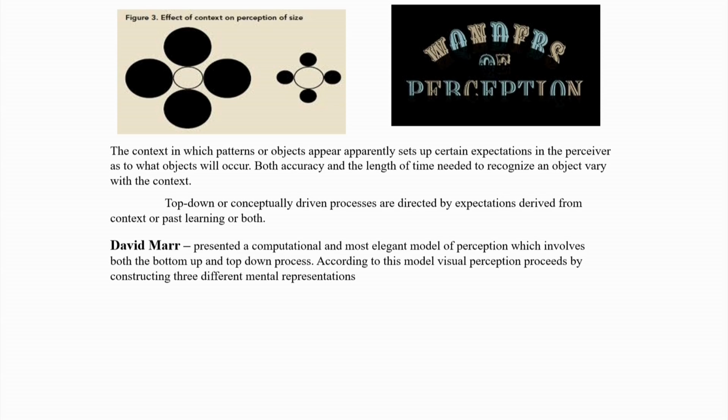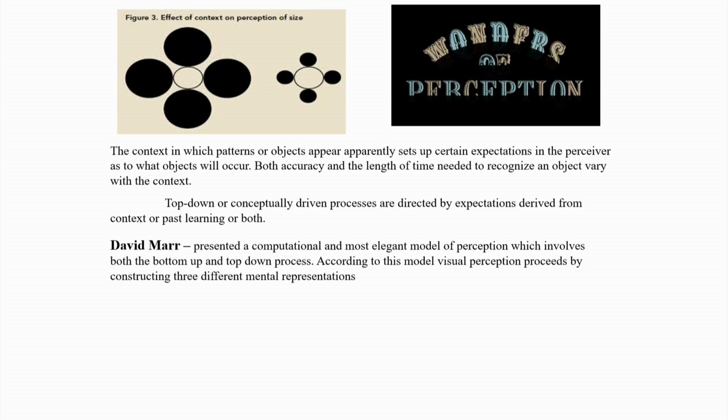This part of the theory is the bottom up process. He further says that the modules for basic information about the stimulus combine with the module for expectancy and context, and that generates perception.